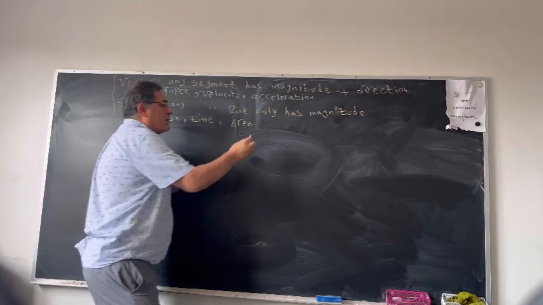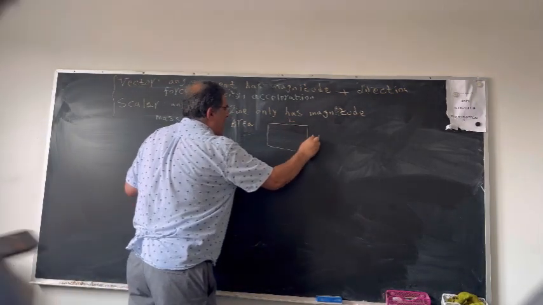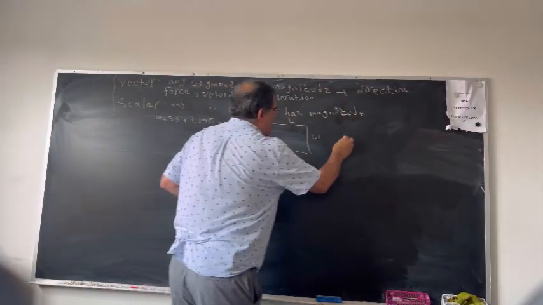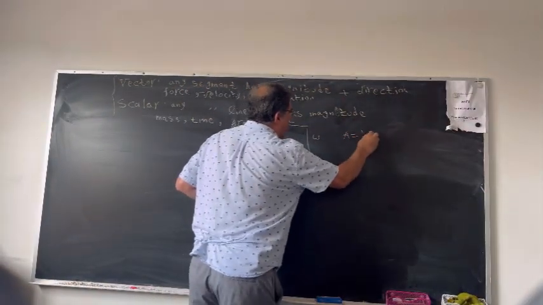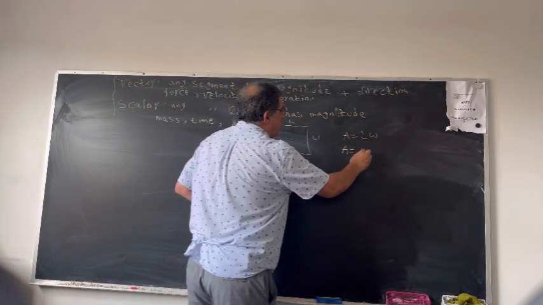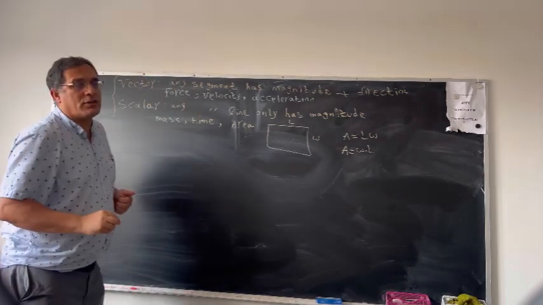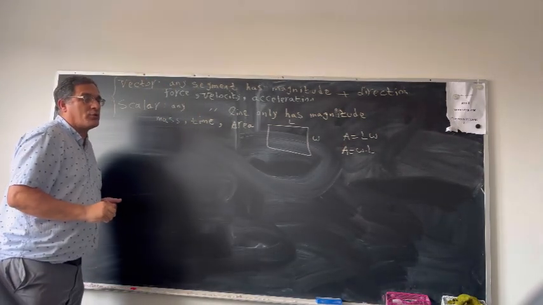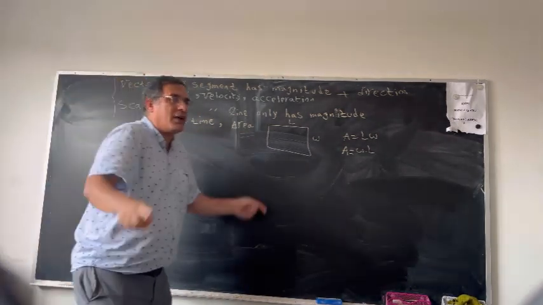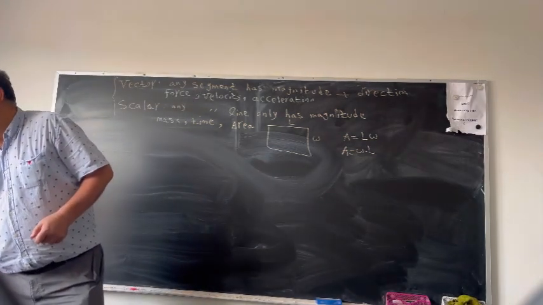Another thing is, for example, area. For example, you want to calculate the area of a rectangle, length times wide. So the area of a rectangle is length times wide, or you can say wide times length. Only magnitude is important. Direction is not important. So you want to measure the area of this paper. Length times wide.